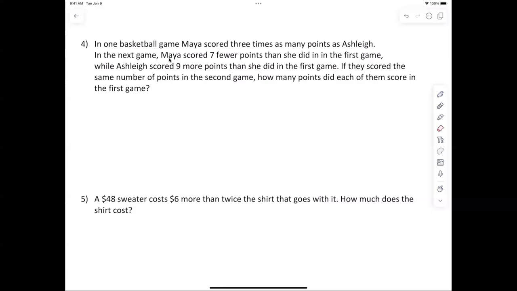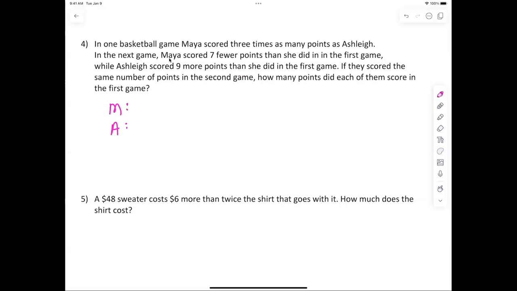All right, this is a mess. It is a mess unless you learn to write things out. This is helping you organize your thoughts in your brain. So who are we talking about here specifically? Maya and Ashley, so we are going to write M and we're going to write A. There is a relationship between those two.